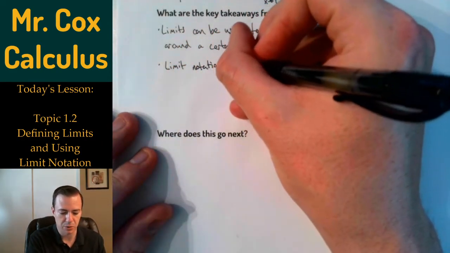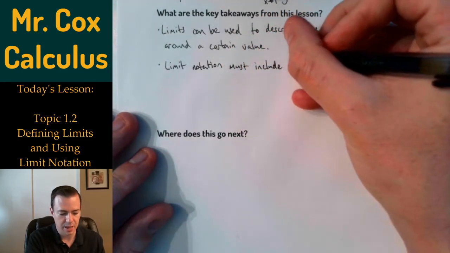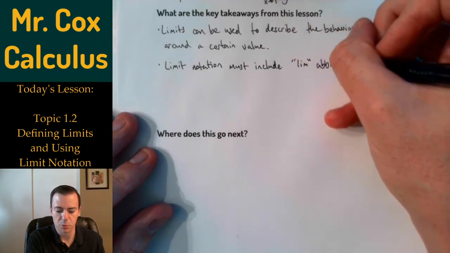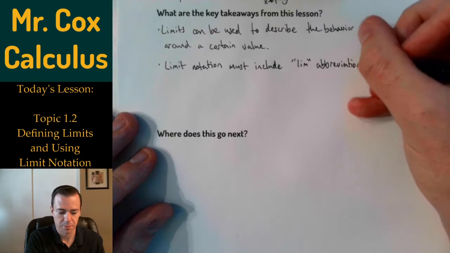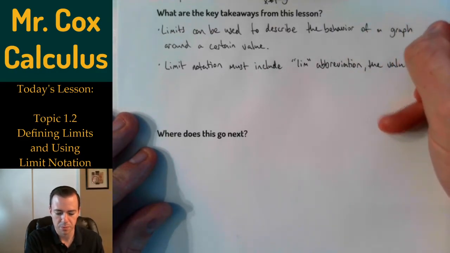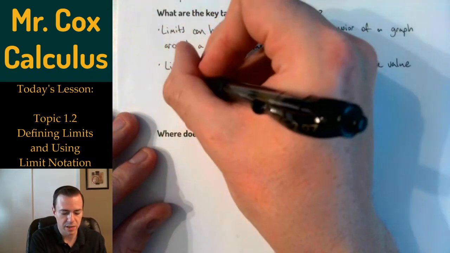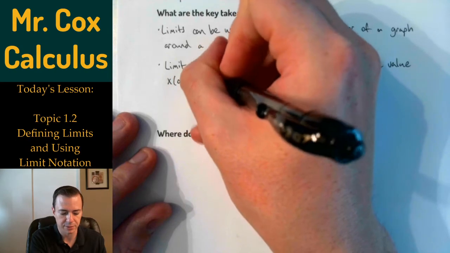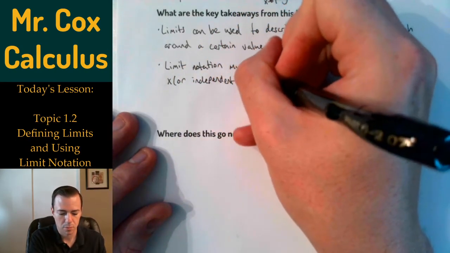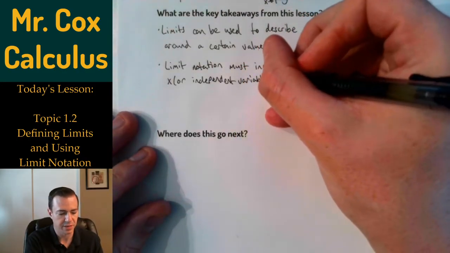It must include the LIM abbreviation. It must include the value that x, or whatever the independent variable is, it doesn't have to be x, it can be t or various other things.